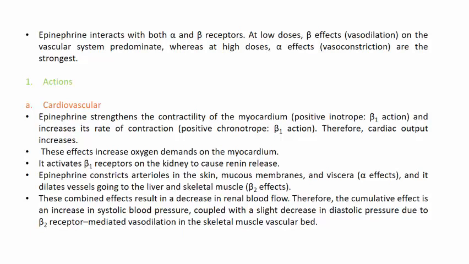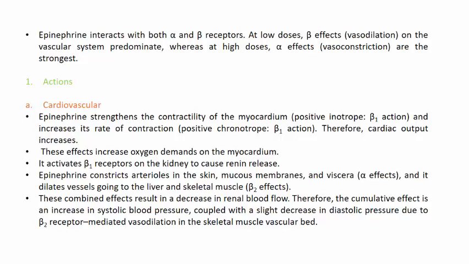Therefore the cumulative effect is an increased systolic blood pressure coupled with a slight decrease in diastolic pressure due to beta 2 receptor mediated vasodilation in the skeletal muscle vascular bed.